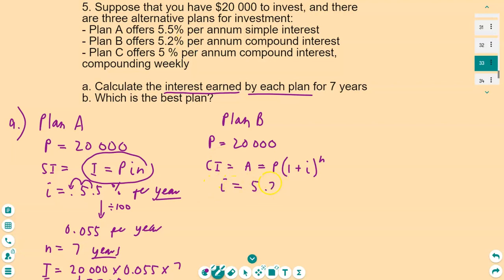Interest rate is 5.2% per year. And I assume it's compounding yearly for this one because it doesn't say otherwise. Whereas in plan C, it says compounding weekly. So we've got per year. So it's as simple as dividing that by 100 to get it as a decimal.